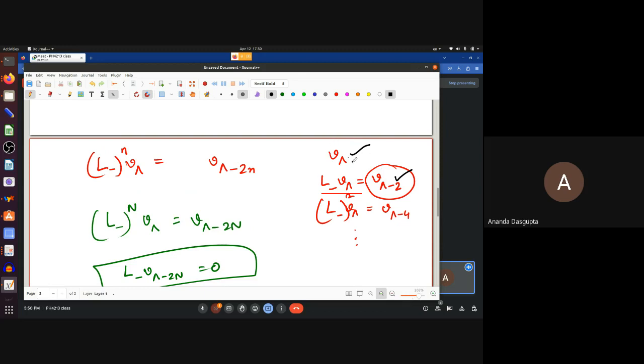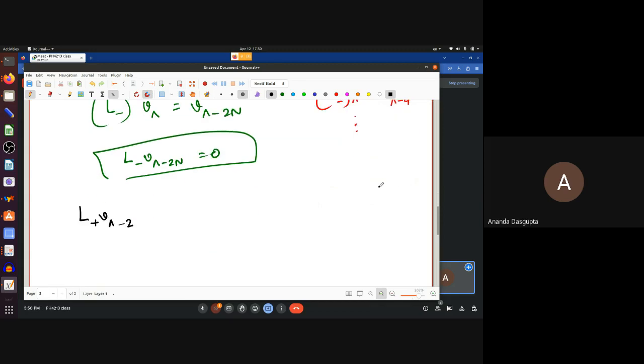But now V lambda is already fixed for me. I can no longer redefine my V lambda to say whatever comes after L plus acts on it is my V lambda. At this stage, I had a choice as to which one of the multiples I'm going to call V lambda minus 2. But I've exhausted that choice here. Once I've made use of this choice, I can no longer have the choice when I'm using L plus. Is that clear?